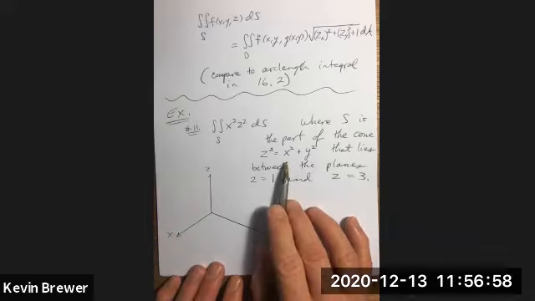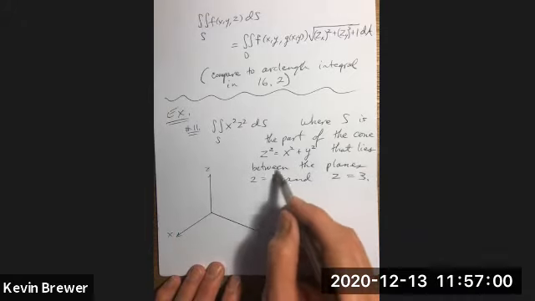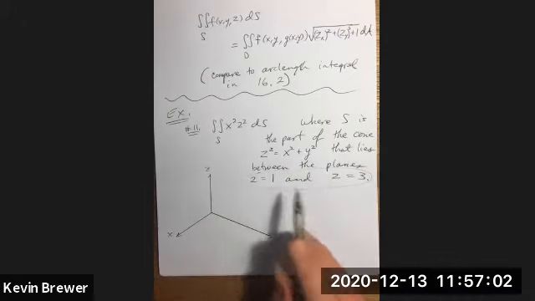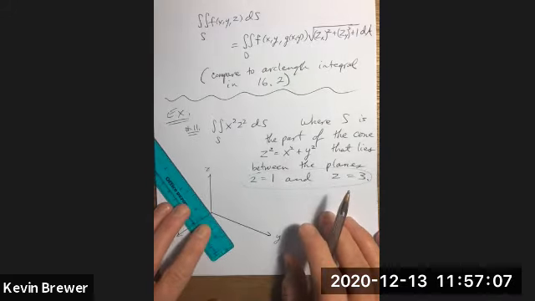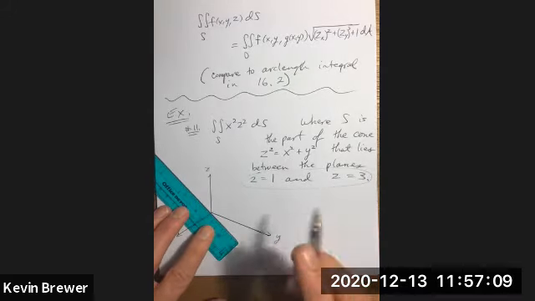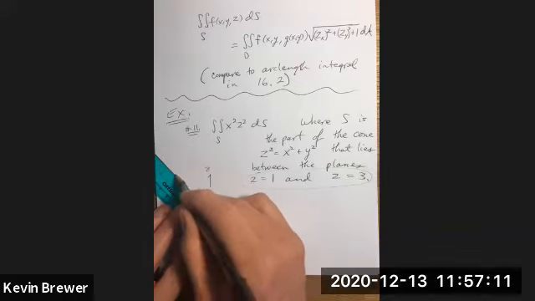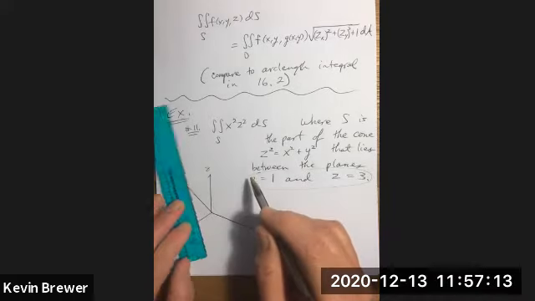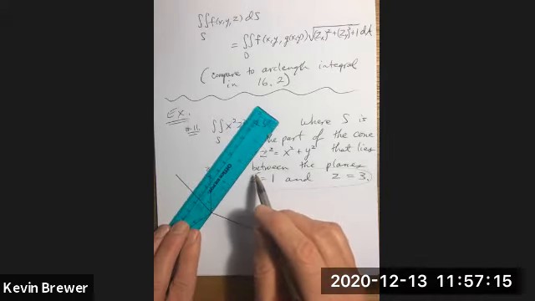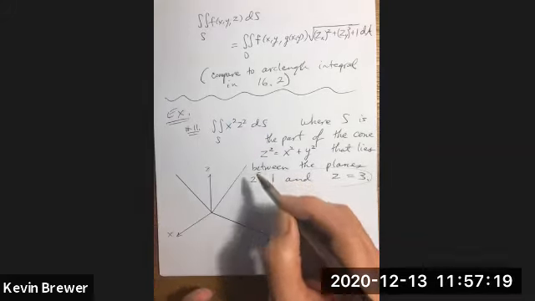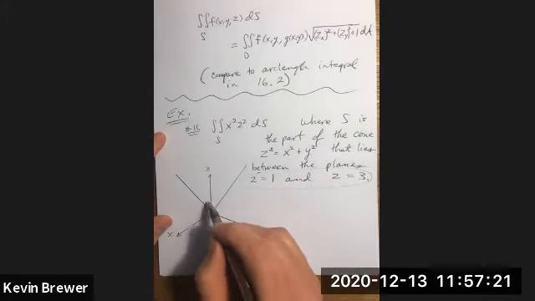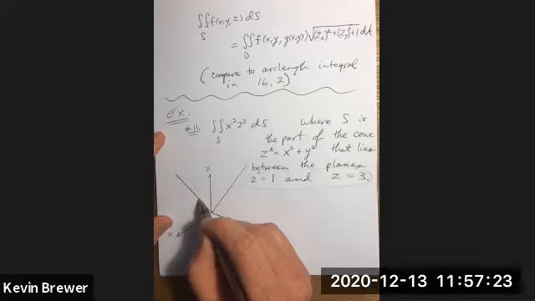So we're only interested in the upper half of the cone, since that's the only part that would be between 1 and 3. Let me see if I can do a reasonable job drawing this.